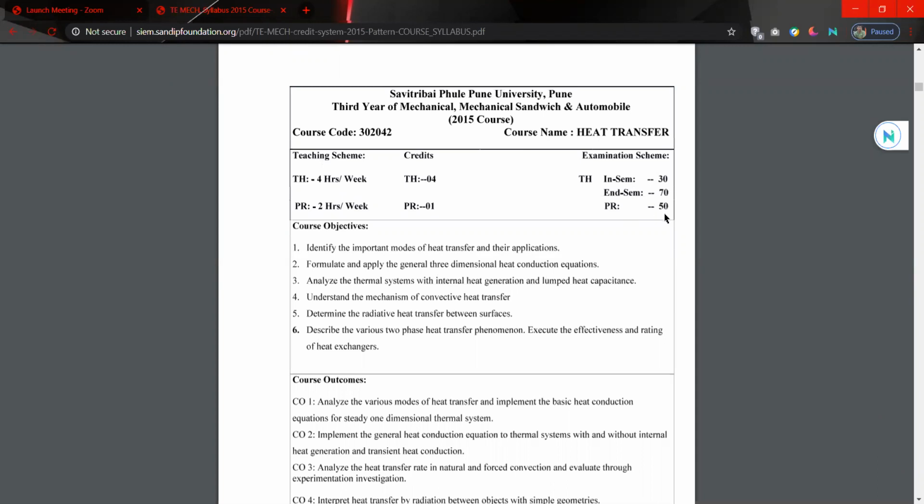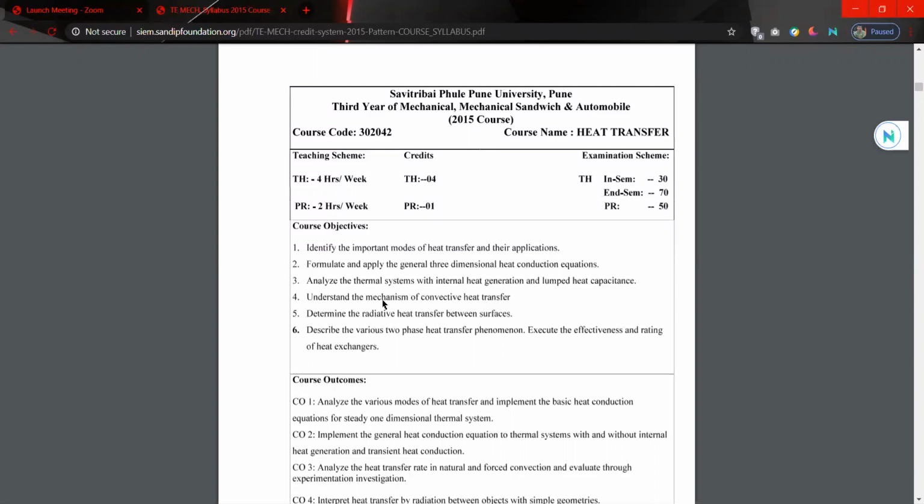is for 50 marks. Basically, the course objective from this subject is to identify the different modes of heat transfer and their application. The second course objective is to formulate and apply the general three-dimensional heat conduction equation. The third objective is to analyze the thermal system, heat generation and lumped heat capacitance.